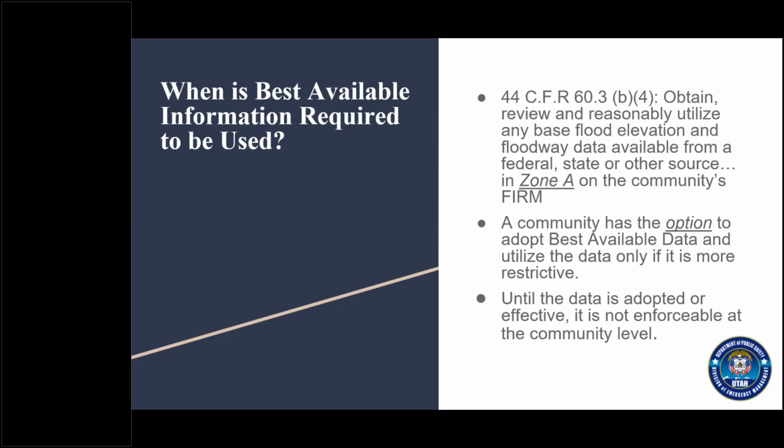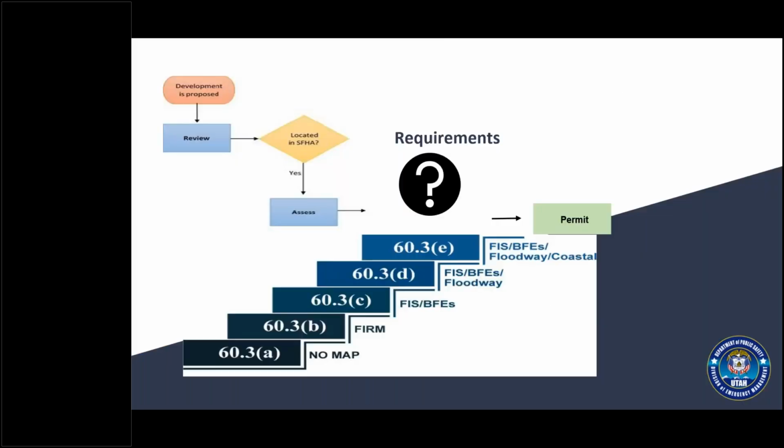So as long as you're following the CFRs, and you have to be following the CFRs in the ordinance, you would start out with level A with the CFRs, and then you would be looking at 60.3(b), I think, which also has the non-regulatory floodways. Also 60.3(c) will also talk about non-regulatory floodways.